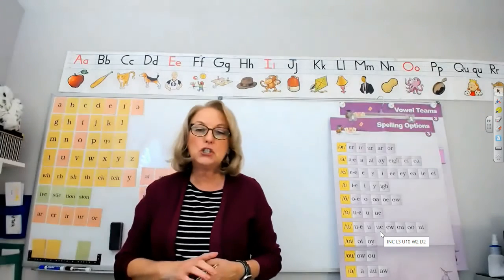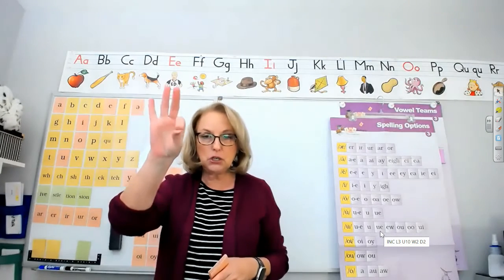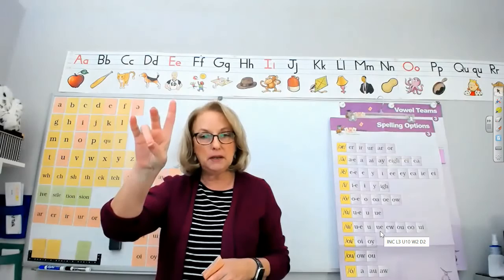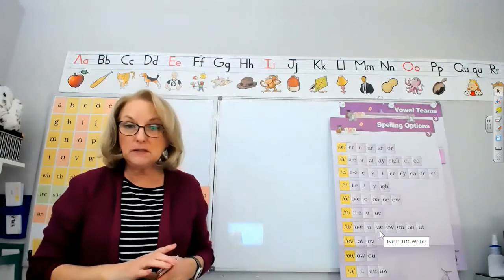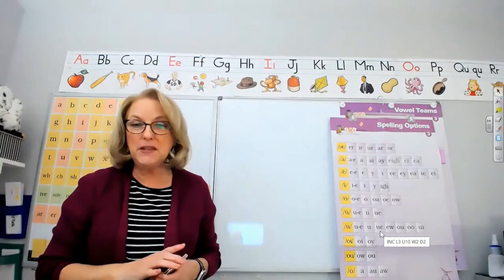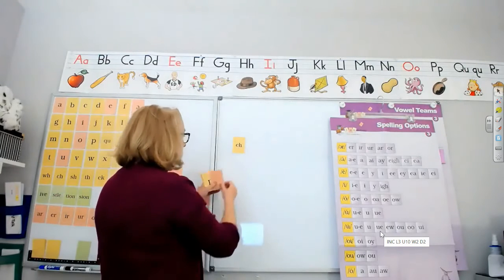The first word, cheap. Say it, cheap. Tap it. Ch-e-p. Let's build it, but let's leave a blank for that sound that has more than one spelling. Do you know what sound that is? That's the long E sound. So C-H.